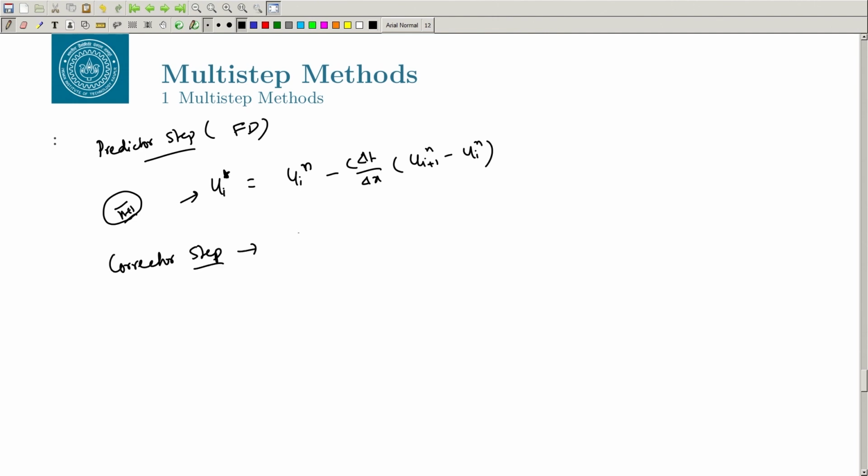The corrector step is with a step of delta t by 2, and this will be backward differencing.